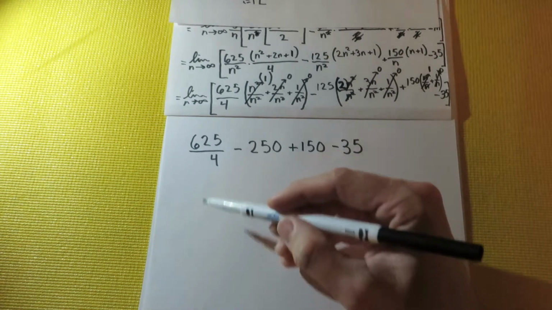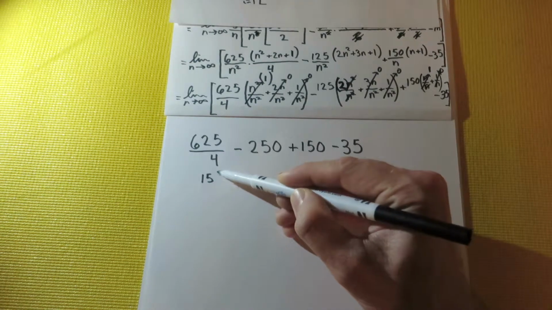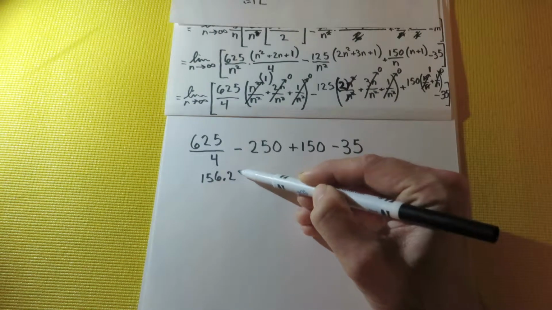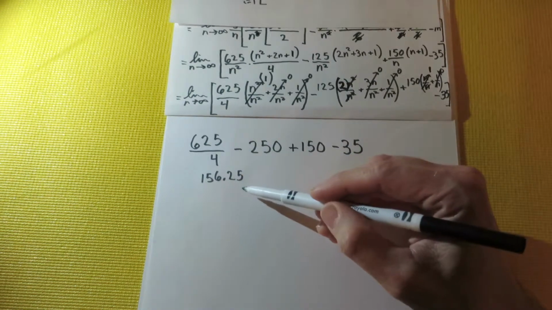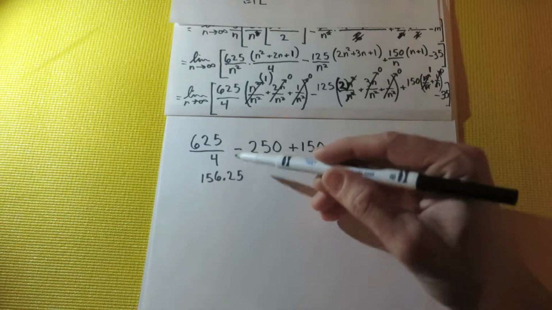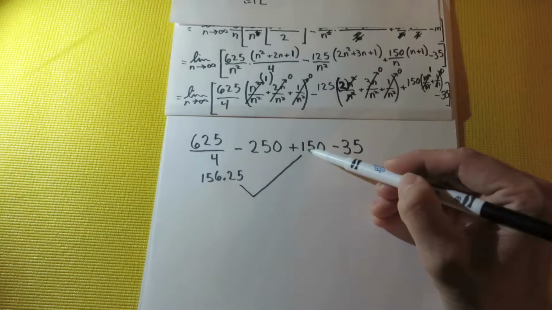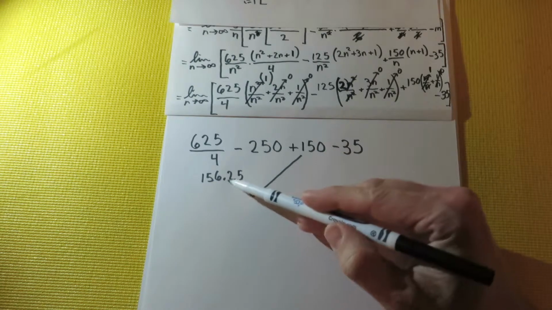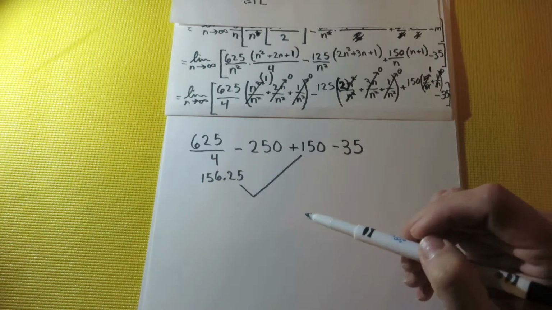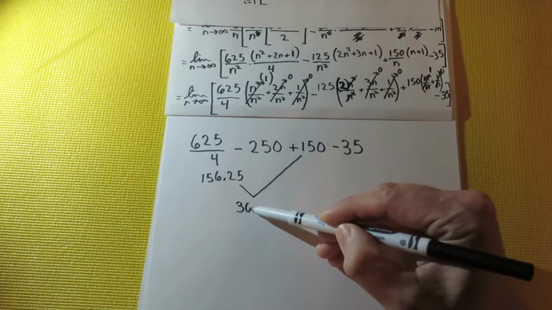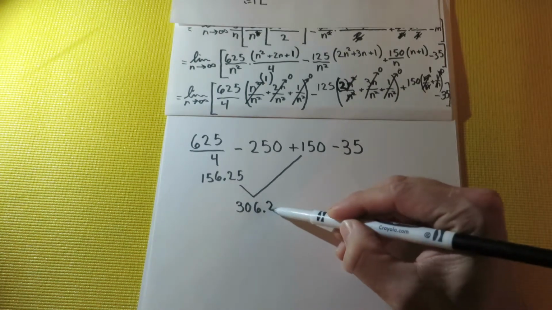So we said 156.25 is what this equals. And I'm just going to combine our positive terms here. So we have this positive term and this positive term. And when we add 156.25 to 150, we get 306. And we just drop down our 0.25 here.